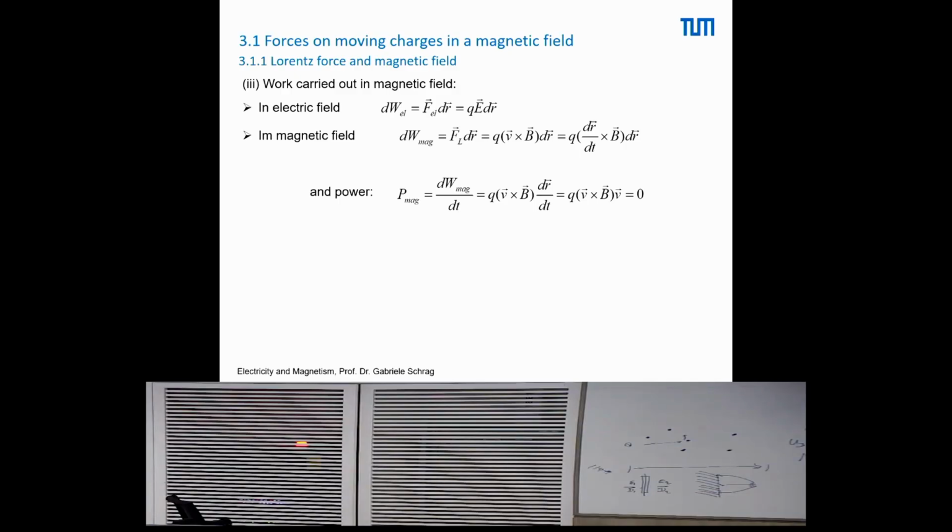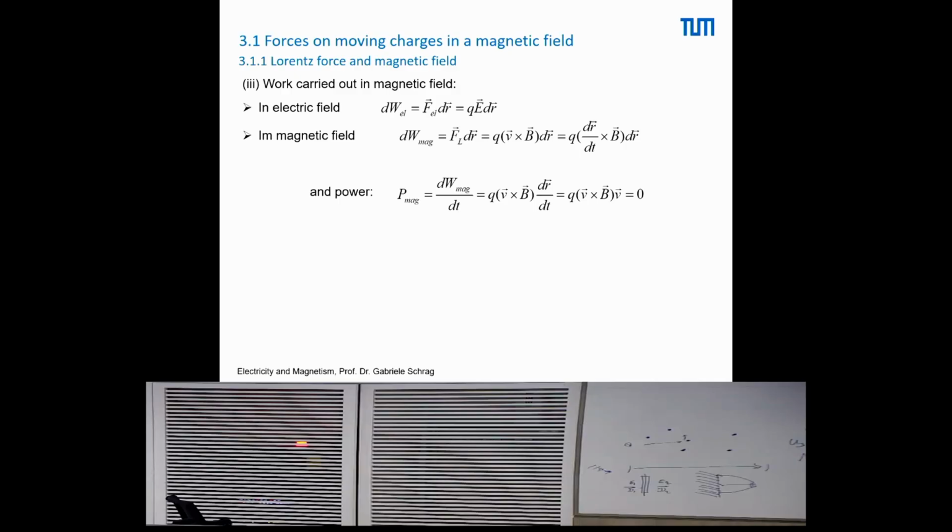So that will be the work in the magnetic field. That is now the force, the Lorentz force, and we integrate over, or we take here the line element where that particle is moving along. So you know that actually the velocity we can express as the time derivative of this line element.